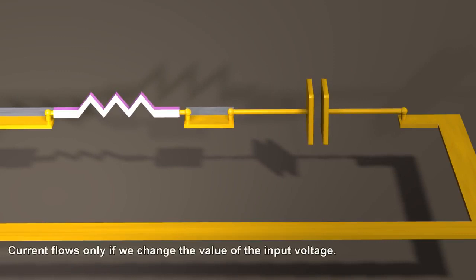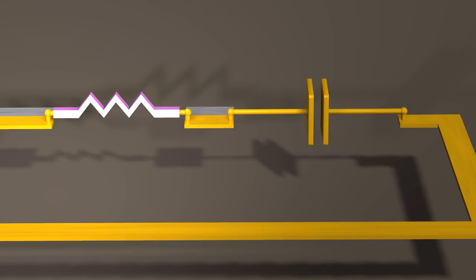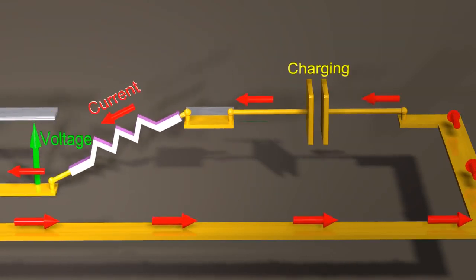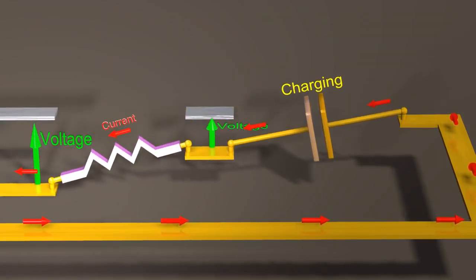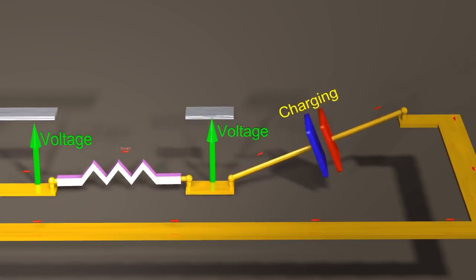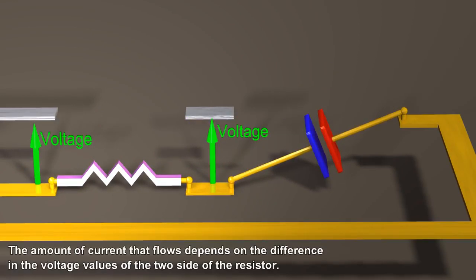Current flows only if we change the value of the input voltage. The amount of current that flows depends on the difference in the voltage values of the two sides of the resistor.